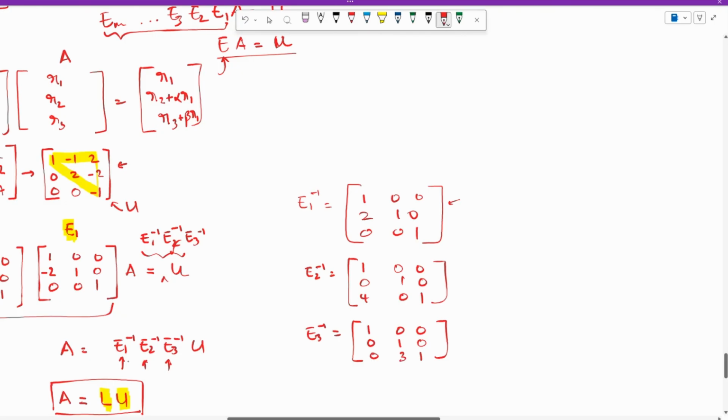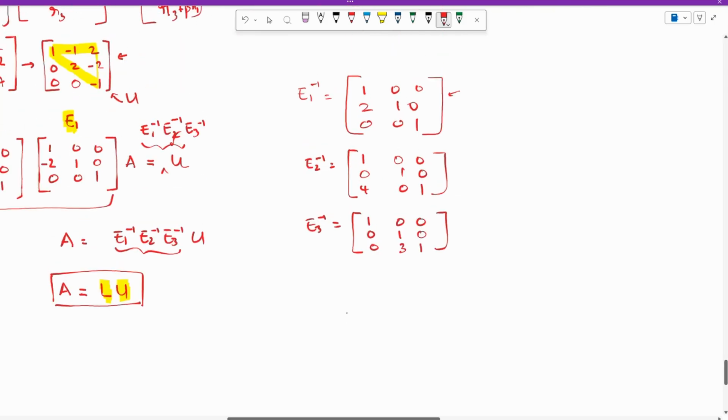Now multiply these 3 matrices and tell me what is the product. And that will be our L matrix. What is this product? E1 inverse multiplied by E2 inverse multiplied by E3 inverse. Then we have our complete LU decomposition. So we know U is 1, minus 1, 2, 0, 2, minus 2, 0, 0, minus 1. Tell me what L will be.